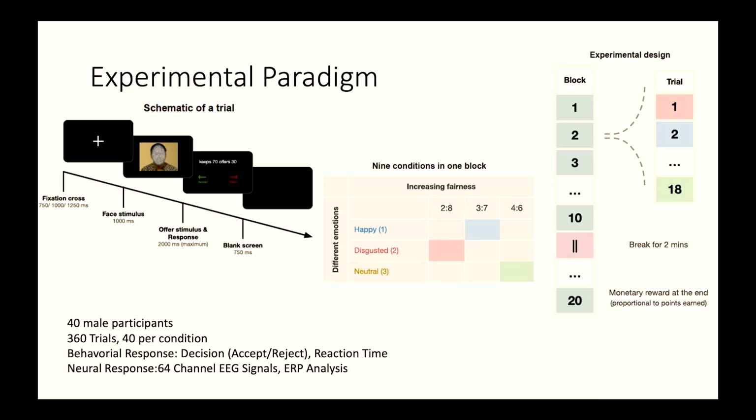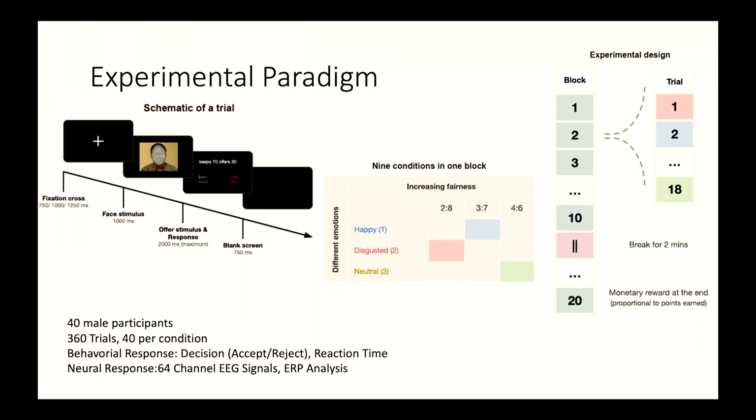So this is one trial. You first start with this fixation cross, where you're supposed to look at the cross and be absolutely still, because we are recording your EEG, otherwise there will be a lot of noise. Then you see the proposer's face showing one of the three emotions, either neutral, disgusted or happy, for 1 minute.